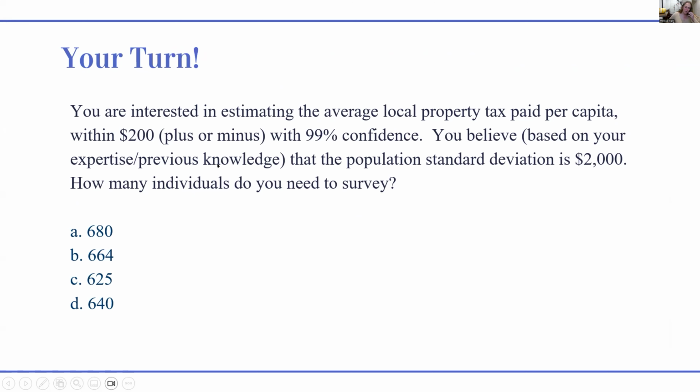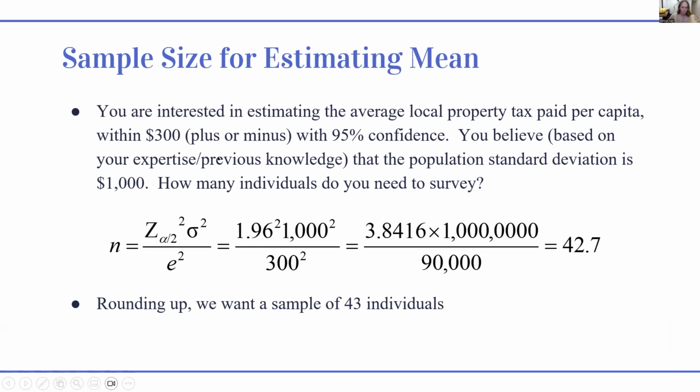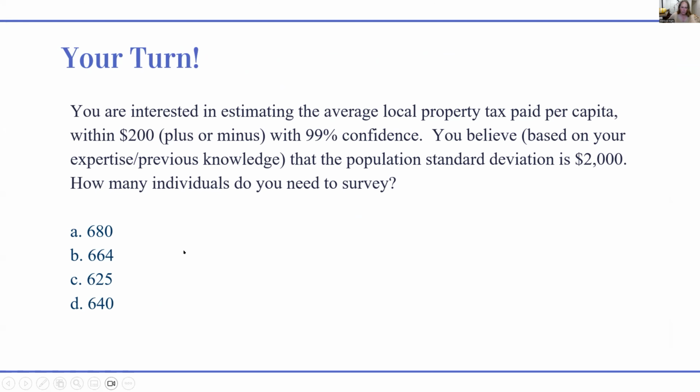And the margin of error you want is 200 instead of 300. So just plug in those values. You will get some value. Is it 680, 664, 625, or 640? This is question number 4 in the quiz. You can go ahead and do that.